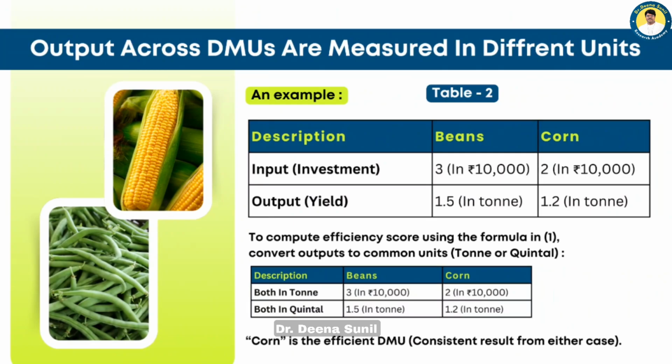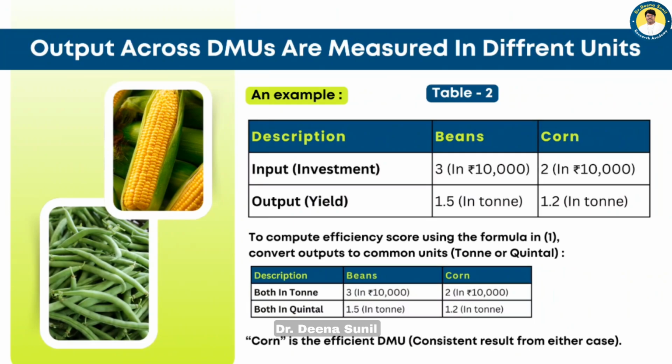In table 2 you can see here, to compute the score using formula 1, first you have to convert both into ton, then you can get the result. For beans 0.5 and for corn 0.6. If you convert both into quintal, for beans the value is 5 and for corn the value is 6.